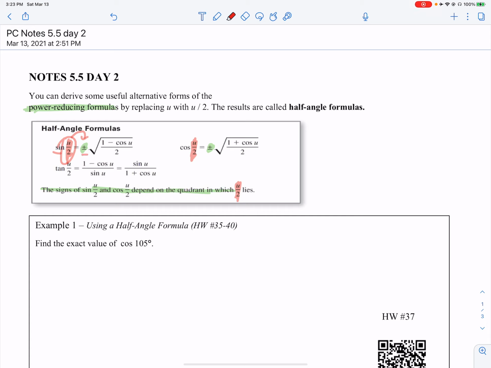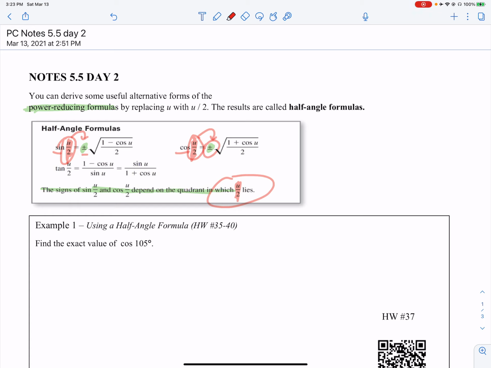Again, you're going to be looking at where u over 2 falls. Is cosine in that quadrant positive or negative? And that is how you choose this. So the answers don't come out plus and minus. It is either positive or negative according to the quadrant that u divided by 2 falls in.